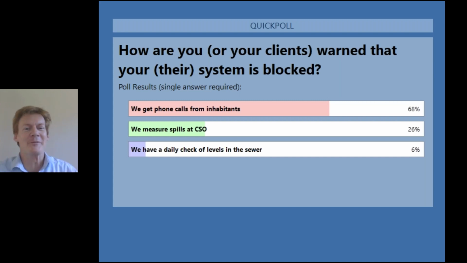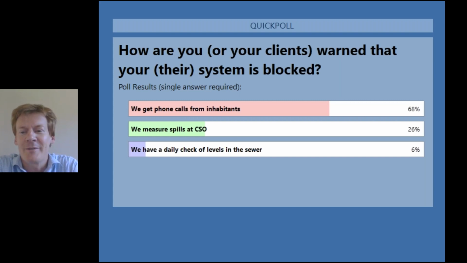Yes, of course, we were hoping that 100% tick the last box: we have a daily check on levels in the sewer. But we are realistic, and we also know that the water utilities are sometimes called by the inhabitants that something happens. And obviously, you don't want to have that.